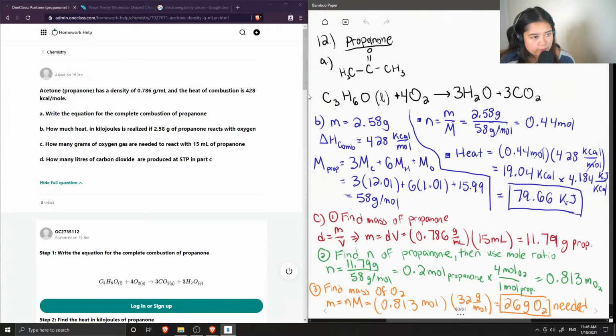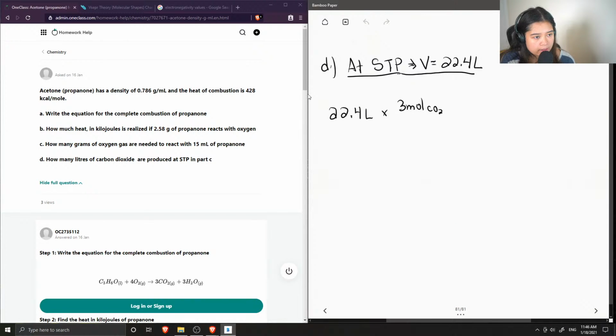And we got that from the balanced chemical equation. There are 3 moles of carbon dioxide for every 1 mole of propanone. So 22.4 liters times 3 is equal to 67.2 liters.